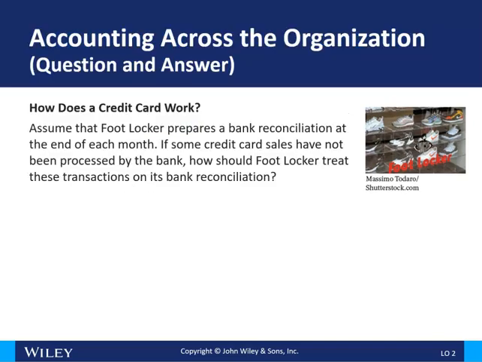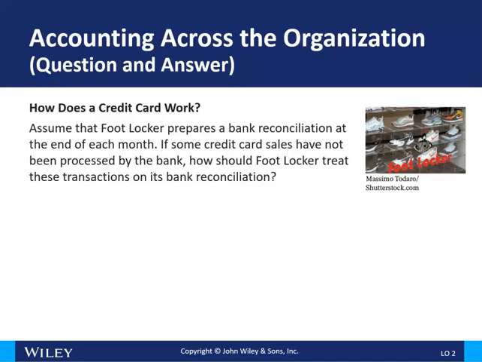So assume a Foot Locker prepares a bank reconciliation at the end of the month. It's a smart thing to do. If there are some credit card sales that have not been processed by the bank, so we said they're going to get the cash pretty quickly, but it may take 2 to 3 days. If it hasn't shown up in their bank, but they've recorded the sale as a cash sale, we're going to have a reconciling item.